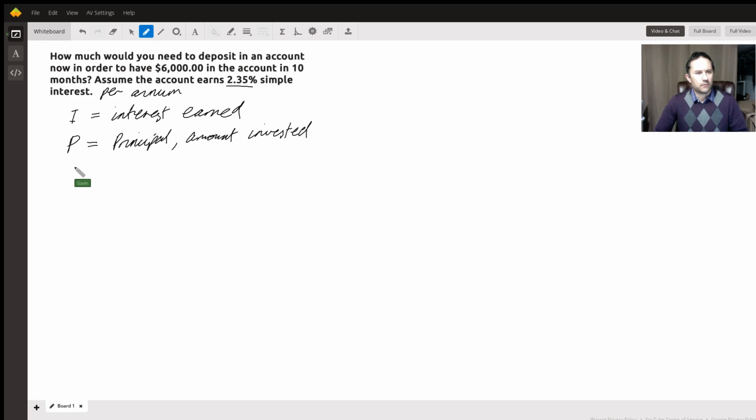Little t is the term, which means the total length. In this case, we know it's going to be 10 months. Capital A is the total amount of investment at the end.